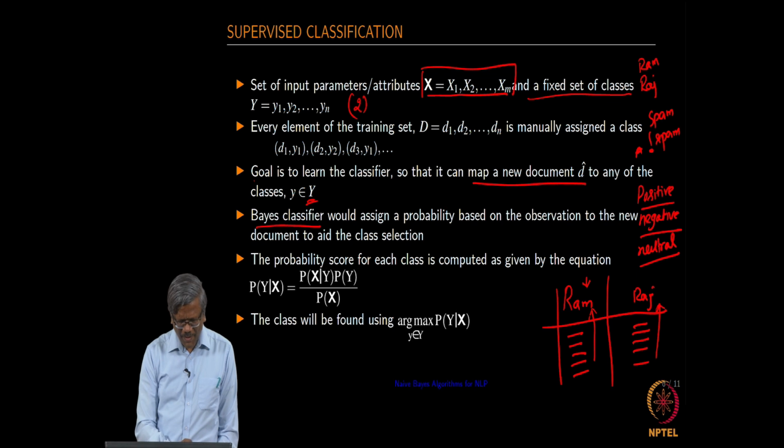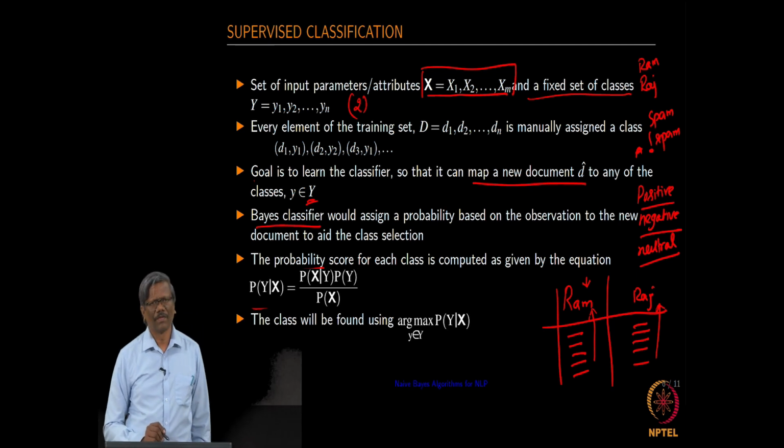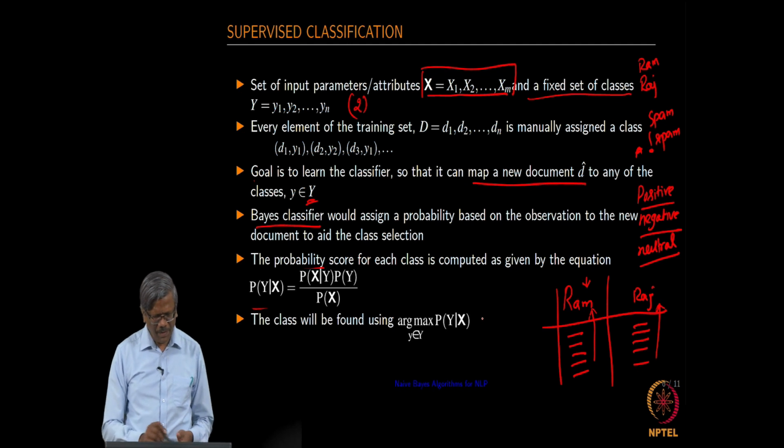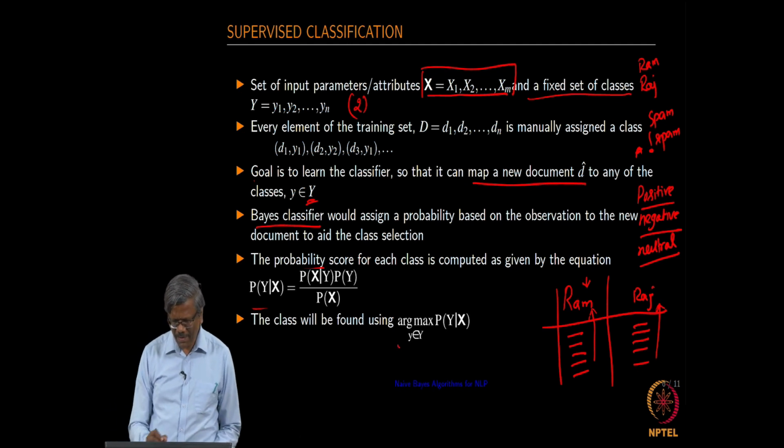So, we are going to compute the probability score for each class using this equation, right. So, this class would be found using the argmax. For example, in this case there are only 2 values, so we will have values corresponding to this. Let us say this is the probability score, this is the score.